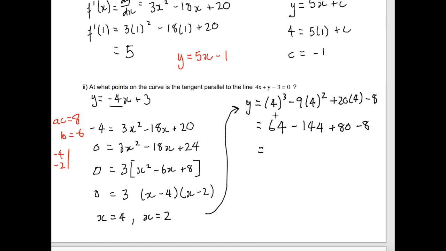What do we have? 64 minus 144. That's going to be 60 minus 140, which is -80. So 64 minus 144 must be -80. That's handy. Plus 80 minus 8 is plus 72, which... okay, so that gives us a y value of -8. So one set of coordinates is 4, -8.